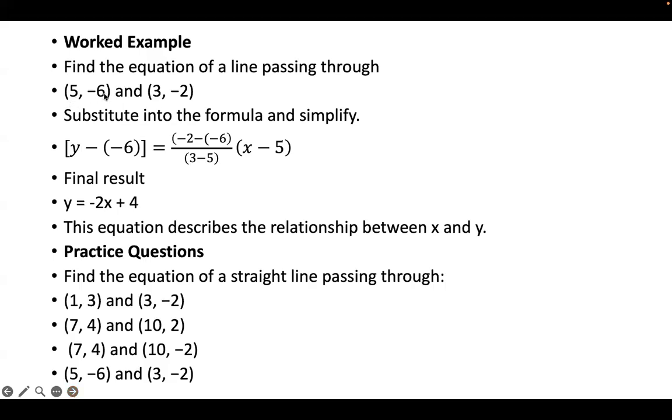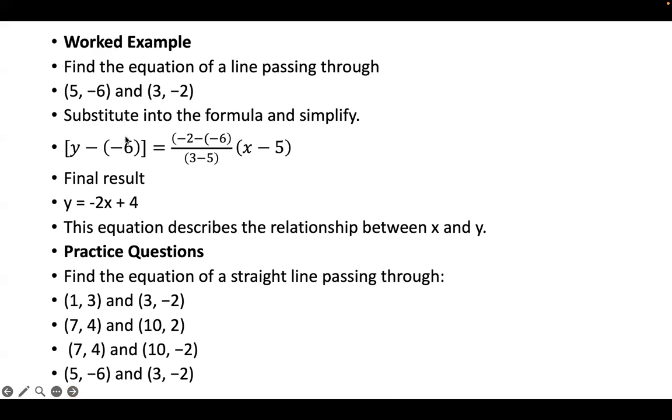And they've given us these coordinates. 5 is the first x, then -6 is the first y. Then this 3 is the second x, and -2 is the second y. So we have to substitute them into the equation.